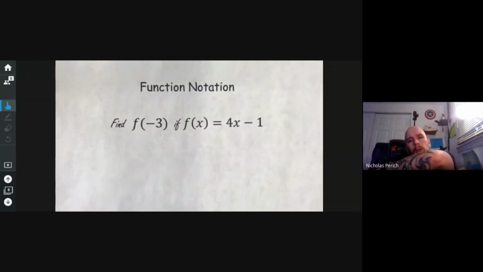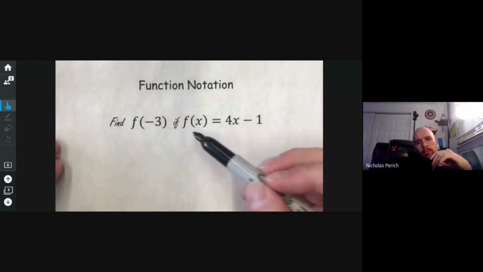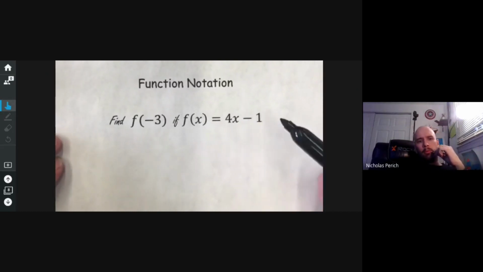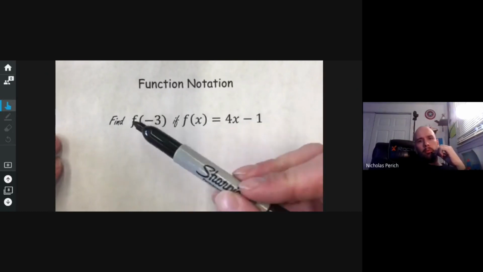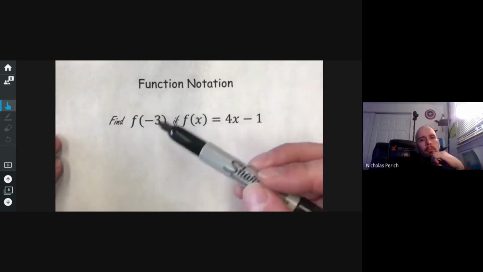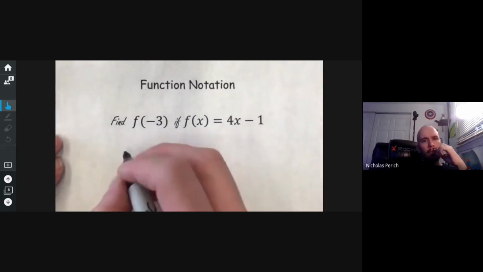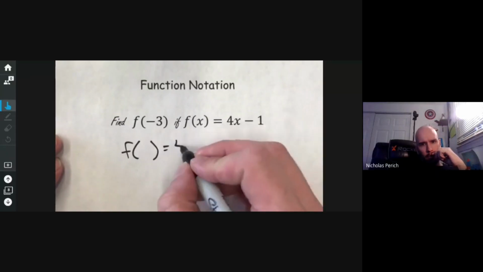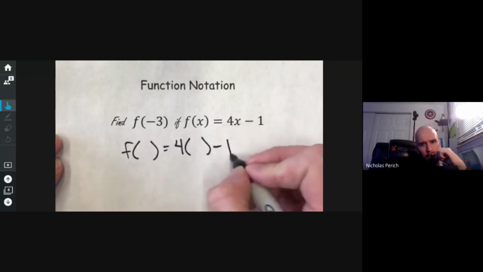Function notation. F of negative 3, find it if f of x equals 4x minus 1. F of x is the same thing as y. So when it says f of x equals, just imagine y equals. F of negative 3 means instead of f of x, replace negative 3 with x. So I'm going to rewrite f of x, but instead of f of x, every x is going to be replaced with negative 3.